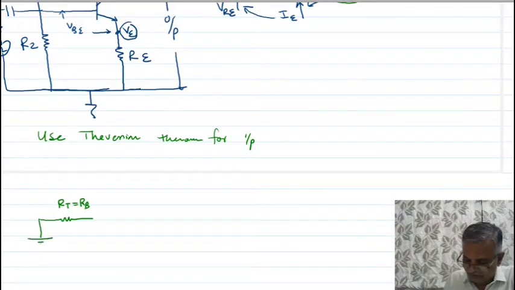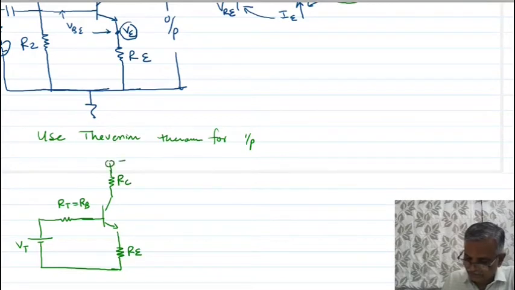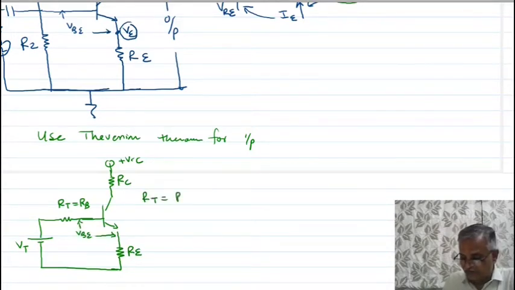This is Thevenin's voltage, we are writing VT. This is RE, this is RC, plus VCC, this is your VB. Remember, Thevenin's resistance is given by R1 R2 upon R1 plus R2.